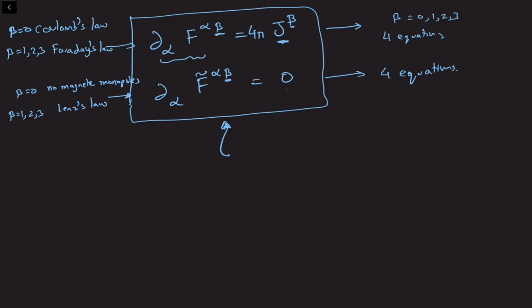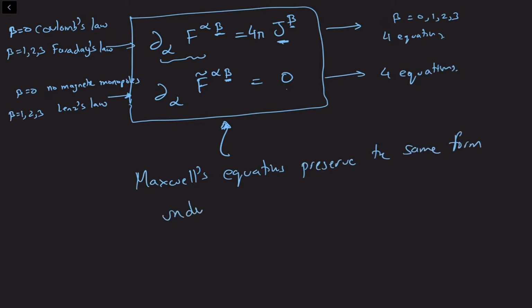Okay, so automatically, just by writing it using the proper 4-vector notation and correctly identifying the components of tensors and vectors, we see that Maxwell's equations preserve the same form under special relativity transformations.